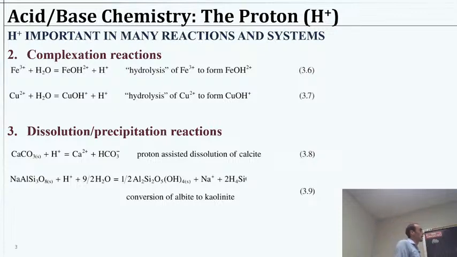Dissolution and precipitation reactions. Again, this is not for every single case of precipitation, but in many cases, acidity will determine how likely or unlikely something will dissolve or precipitate. So in the case of calcium carbonate, if we have calcium carbonate and acid, we end up getting calcium and bicarbonate. Now, that's something you've probably recognized before if you've done any type of mineral testing in a geology lab.